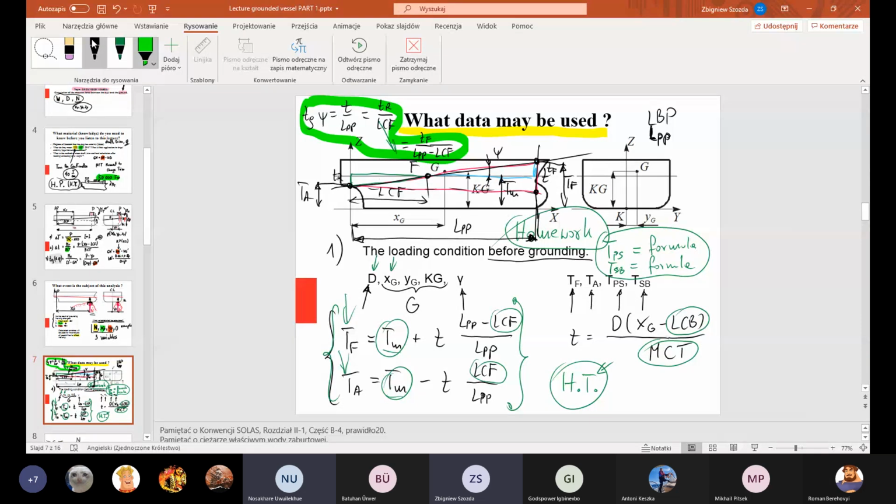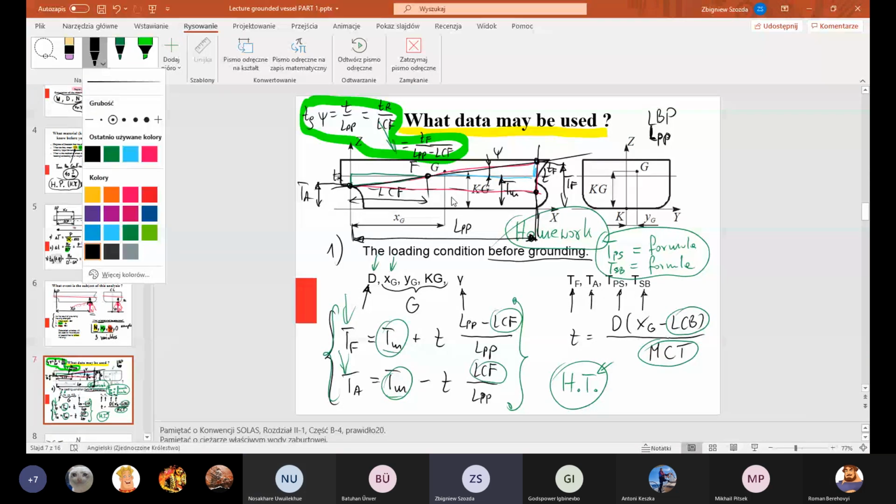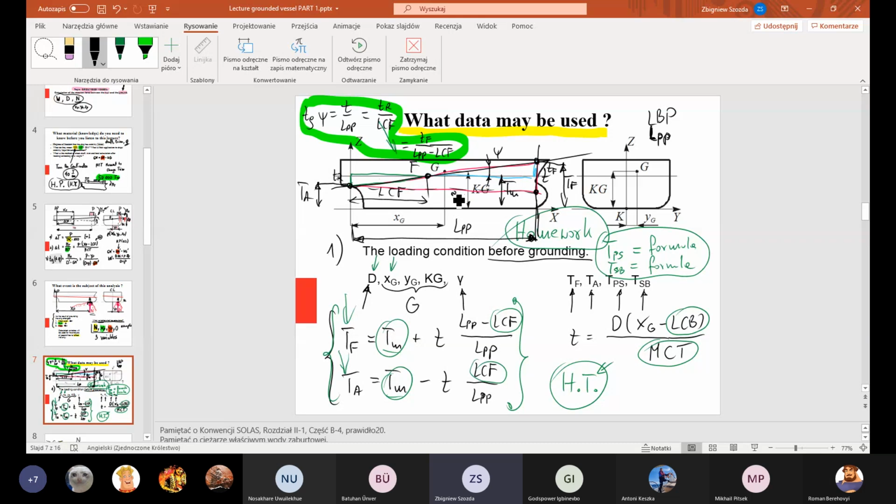So I should take a color and put the center of buoyancy here somewhere. LCB is the distance between the center of buoyancy and the aft perpendicular. The picture is very small with too many variables and distances marked on it, but your imagination was correct.